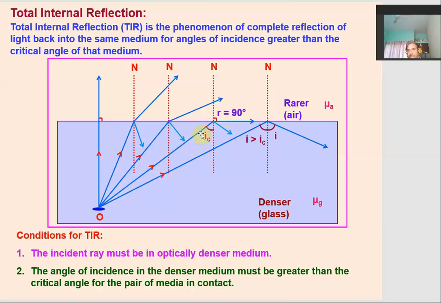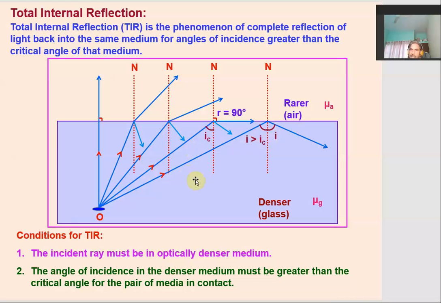Whenever we increase the angle of incidence slightly more than this critical angle, the light ray will just get reflected back to the same denser medium. It will not go into the rarer medium. Such behavior of light, for an angle of incidence more than the critical angle, is called total internal reflection.